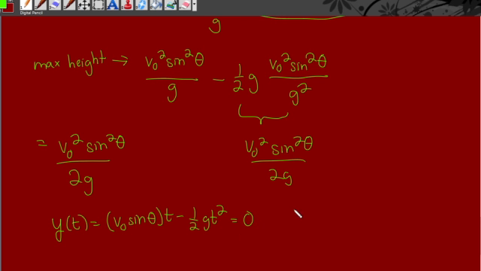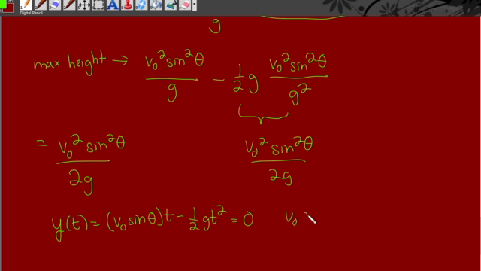If we solve for t, we already know one of the solutions is t equal to 0, because that's where it starts off. But we can also say v naught sine theta is equal to 1 half gt, so t is equal to 2 v naught sine theta over g.